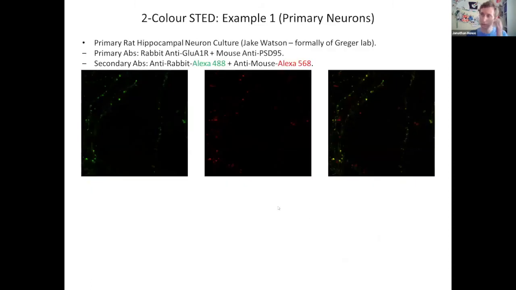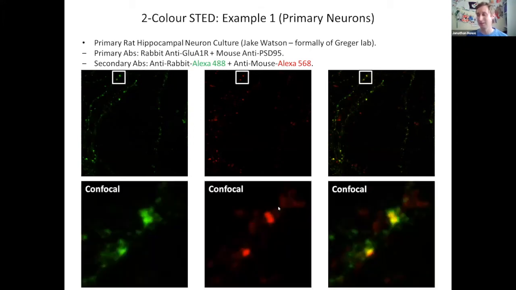Just to give you another example, these are primary rat hippocampal neurons. This is an image just given to me by Jake Watson, formerly of the Gregor Lab. And it's difficult to see until I blow it up, but you can see here that what's labeled is two molecules of the post-synapse. One is the GLU-A1R, or GLU-A1 receptor, that's in green. And the second is a structural molecule called PSD95.